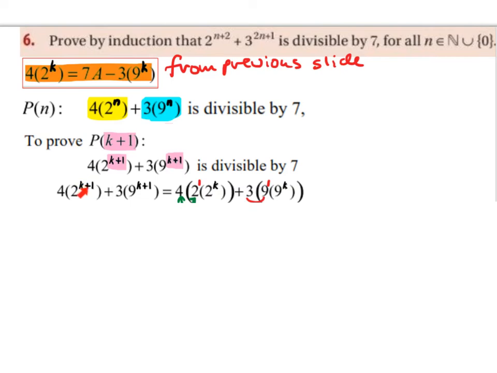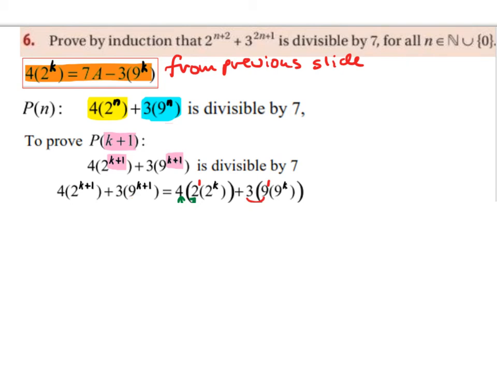Then we have the plus, and then the 3 outside the brackets. And then 9 to the power of k plus 1, we rewrite as 9 to the power 1 multiplied by 9 to the power of k. So again, it's that law of indices in reverse. So multiplying powers with the same base, we add the powers. So 9 to the power 1 times 9 to the power of k gives us 9 to the power of k plus 1.